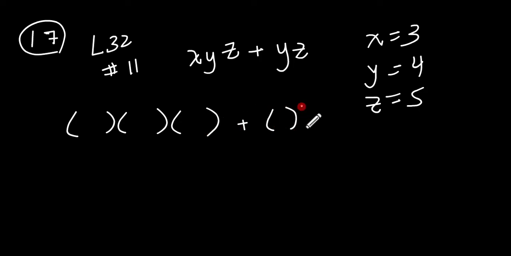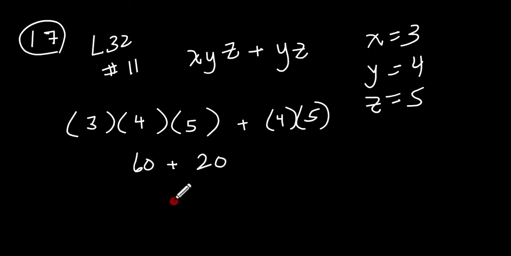We're going to be multiplying these. We're not going to be making a number 345 here. We're going to be taking 3 times 4 times 5, 4 times 5. So we're going to get 20 times 3 is 60, plus 20 equals 80. So that's 17. We are moving fast now.